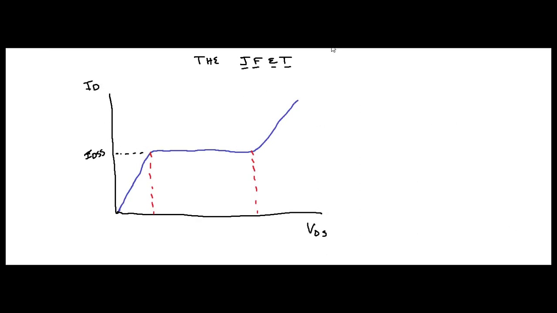Alright, so one characteristic curve of the JFET I just wrote below. And you can see, here's your drain current, right? And here is your voltage across your drain and source. Now, this region right here, between this point and this point, that is termed your ohmic region.